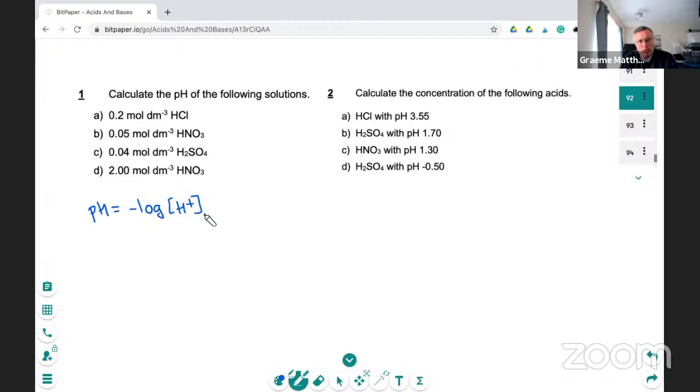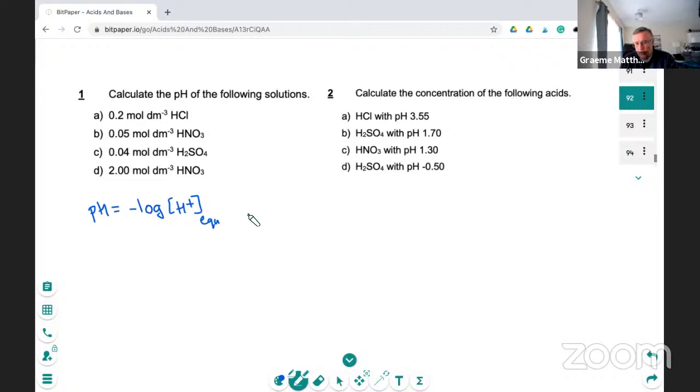And what I wanted to do is put in here "at equilibrium", and this bit becomes important. It's a reminder for when you're doing pH calculations of weak acids and weak bases, which we'll do next week. Really, this is that equilibrium. Normally, you just see it as minus the log of the hydrogen ion concentration.